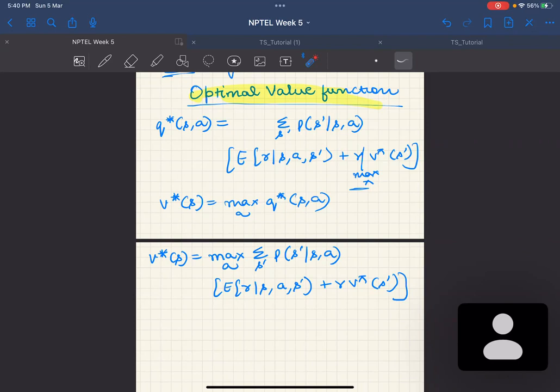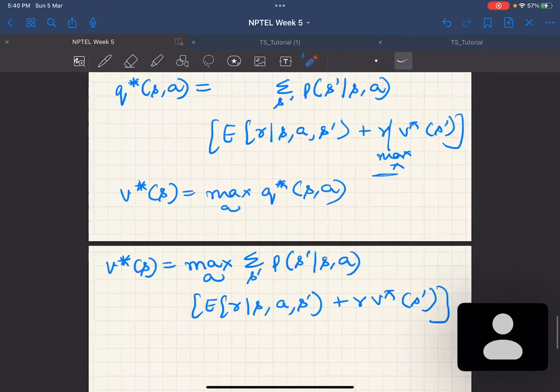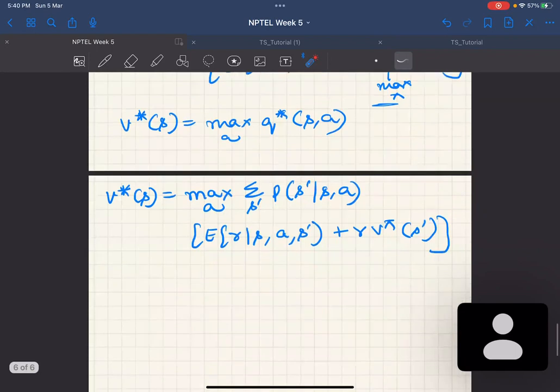In Q star of S, A, here I am saying what will be the max policy I'll follow, what will be the maximum policy I'll follow after taking this action. Here I'm first saying what is the maximum action it will perform over all of them, not the first one. I take action A, then behave optimally. Here I'm behaving optimally from the current state.